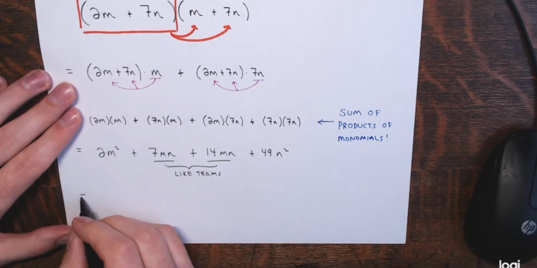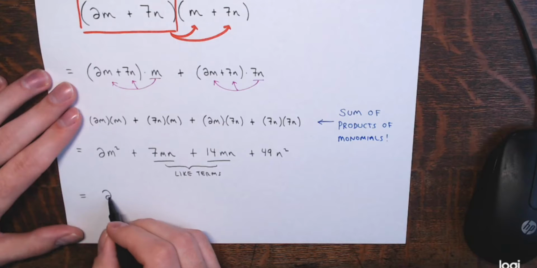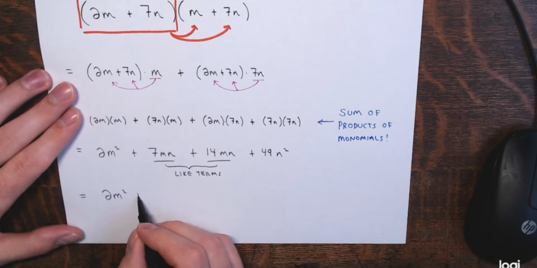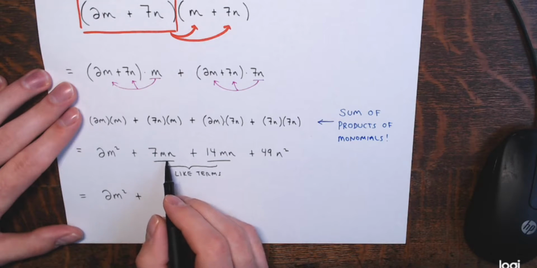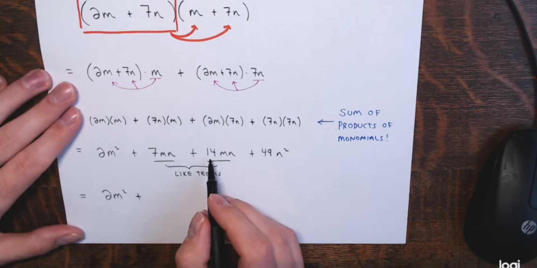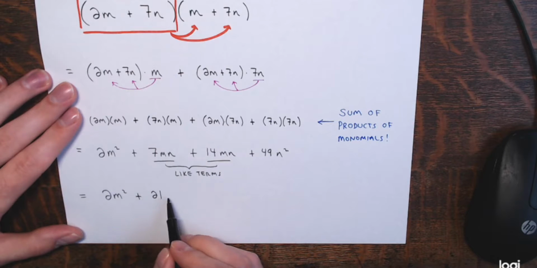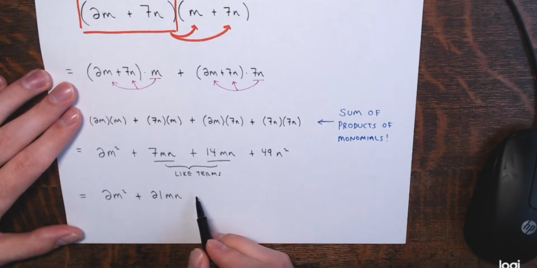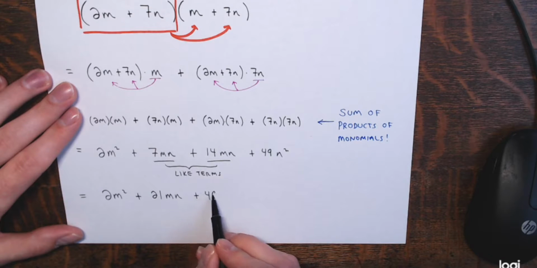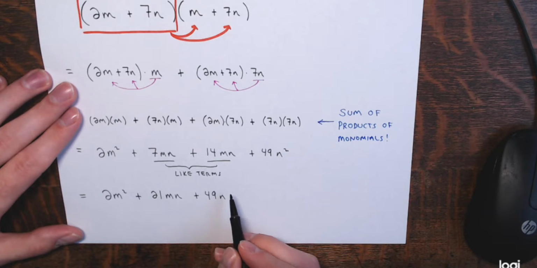All right, so finally we have 2m squared plus, and then 7mn plus 14mn would be 21mn. And then you have plus 49n squared. And that's it.